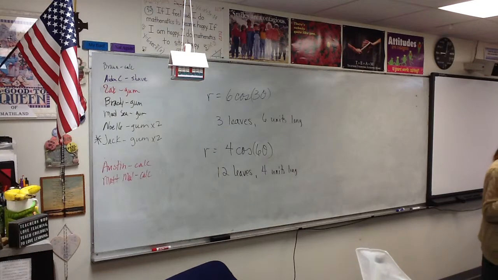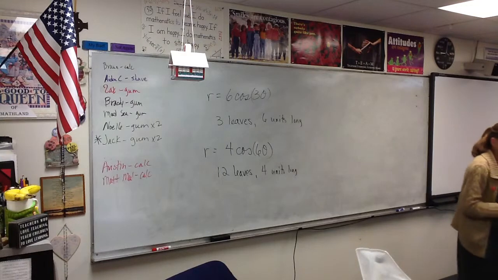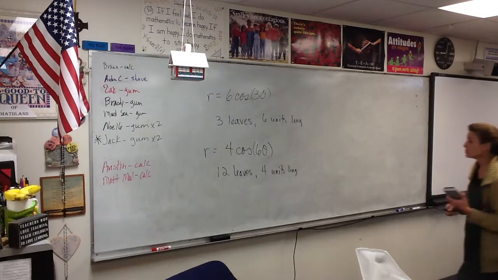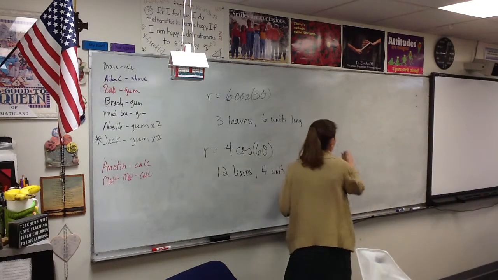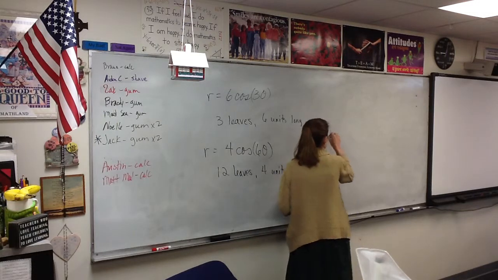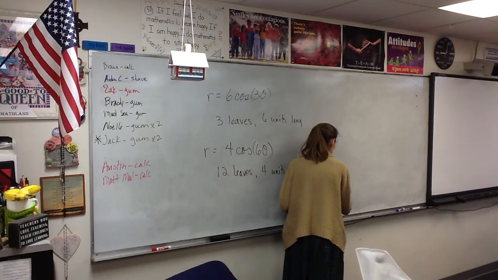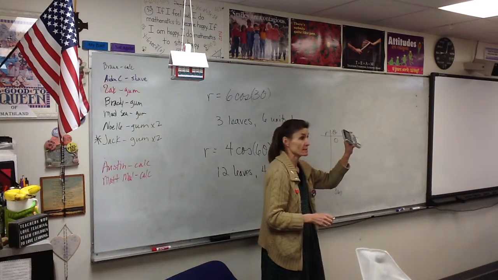All right, now let's go back to our window and change theta step to 0.5. And then hit graph again. Now you are going to get exactly the same picture, but what's happening? It's much slower. Why? When you set the step, what you are telling the calculator is, you have it set to go from 0 to 360, so the calculator's plotting points.